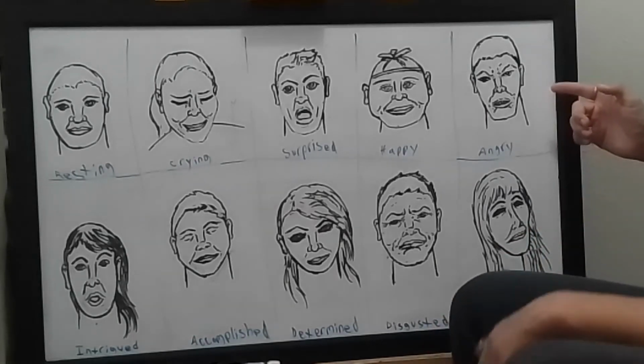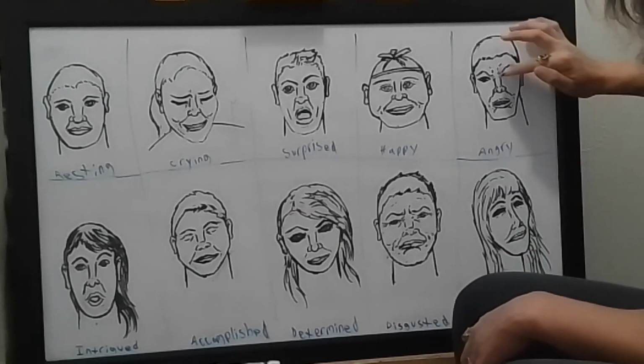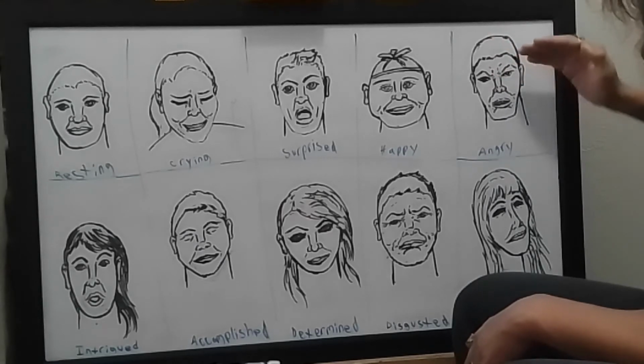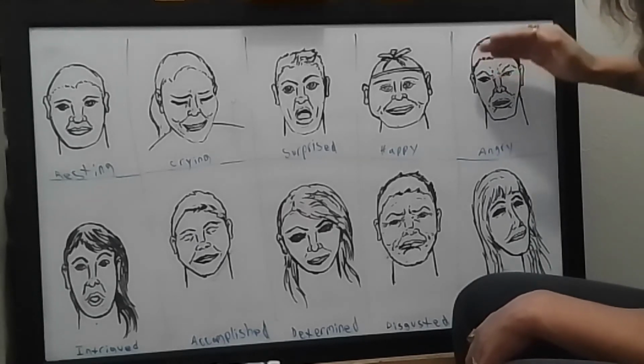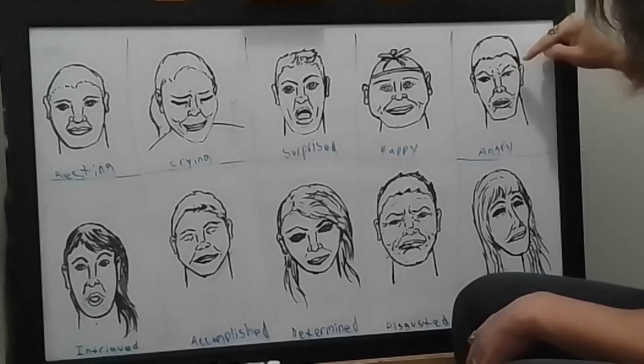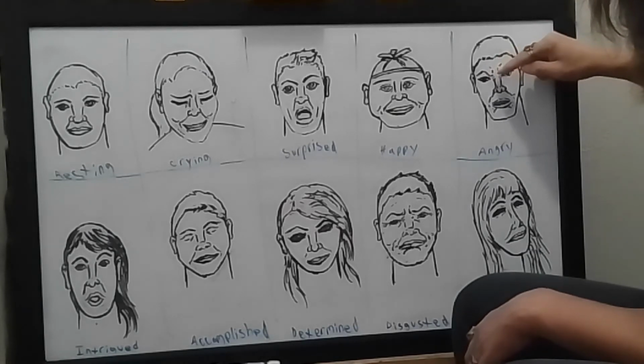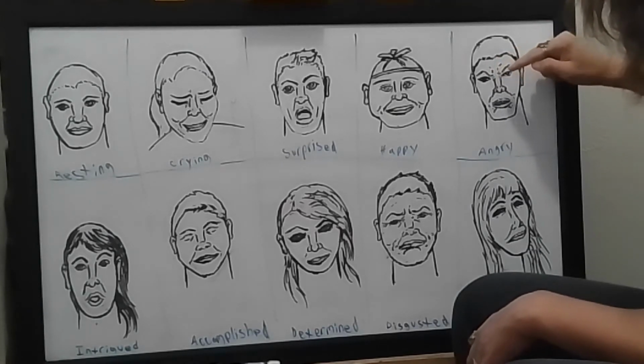But yeah, the angry. So look at all the tension right here. Now pay attention to how the brows are going down as well. So boom, boom, and then very straight right here. A lot of tension right here.